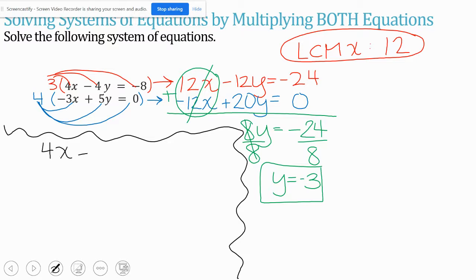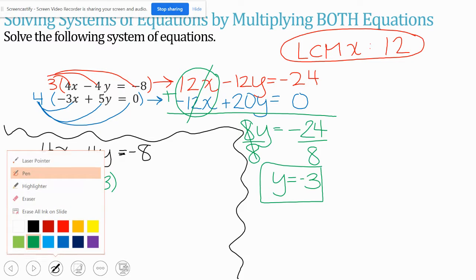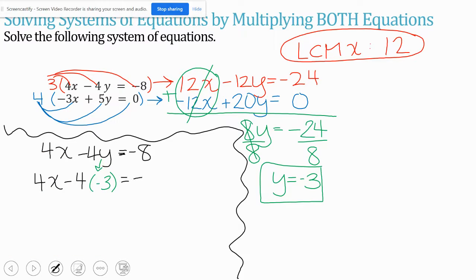4x minus 4y equals -8. And I'm going to rewrite everything, except for y, I'm going to write -3 because that's what we just solved for. Make sure you're plugging in for the correct variable and solve from there. So multiply here, we get +12. I'm going to bring down that 4x equals -8.